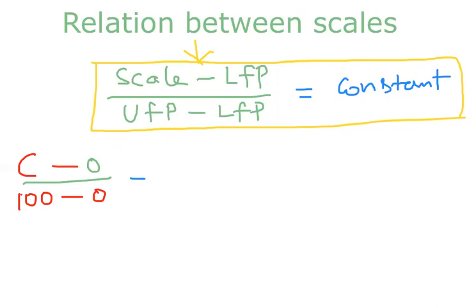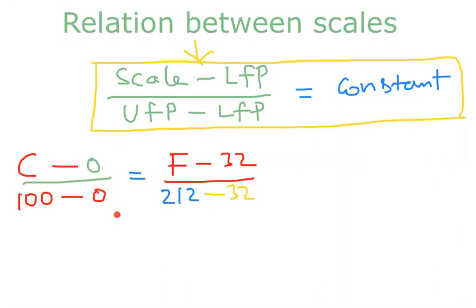If I take the Fahrenheit scale, I write the scale reading as F minus the lower fixed point 32, and the upper fixed point we know is 212, again minus 32. In the denominator it is upper minus lower. The upper fixed point for the Fahrenheit thermometer is 212 and the lower is 32, and for Celsius the upper is 100 and the lower is 0.